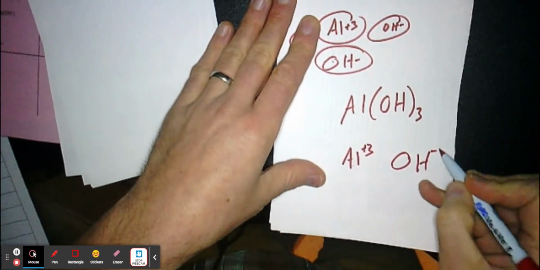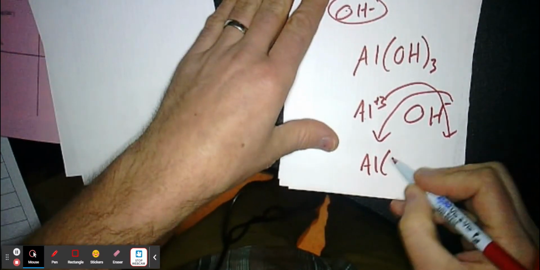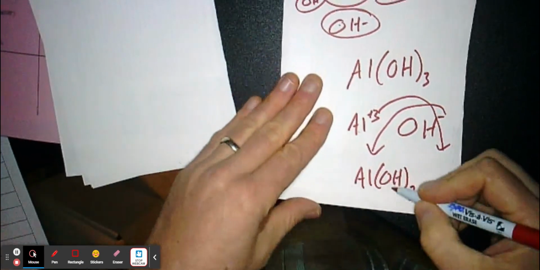I'm going to need 3 negative 1s to cancel that out. So my formula is that. And the trick you could also do is swap the charges. Those become the subscripts, and there's my neutral compound, aluminum hydroxide.